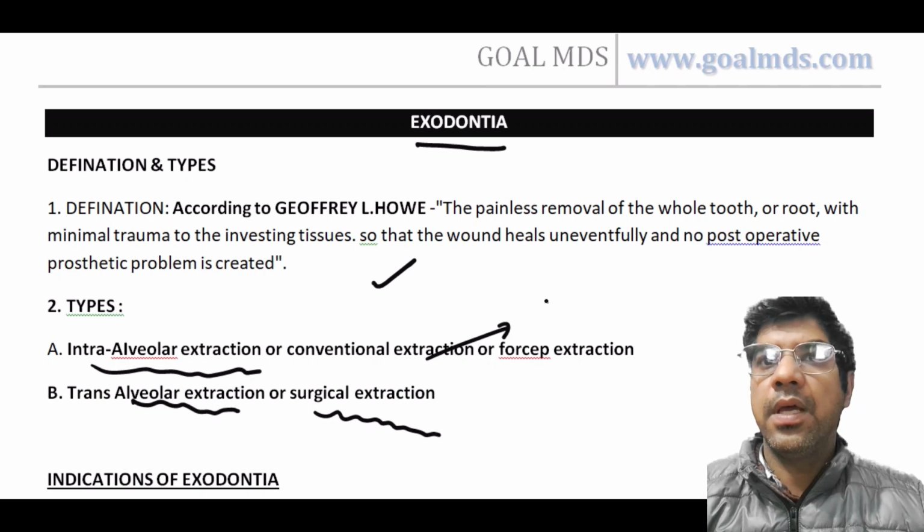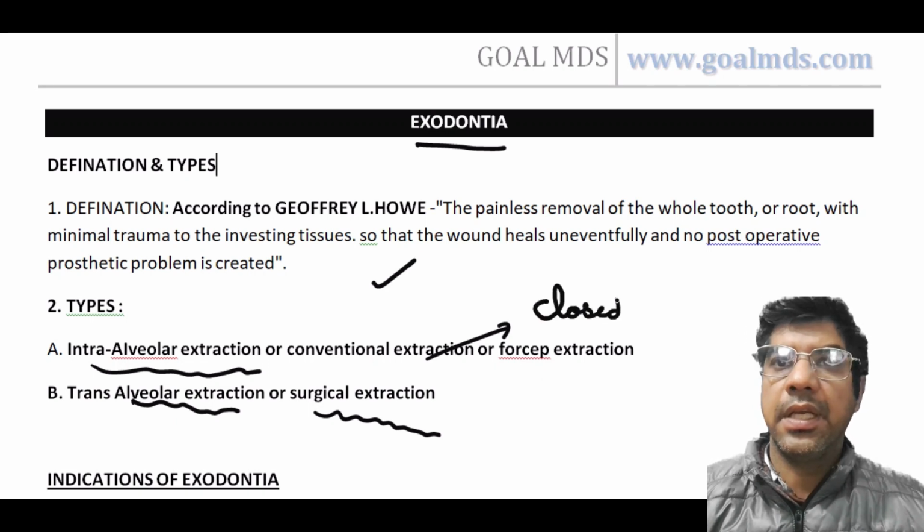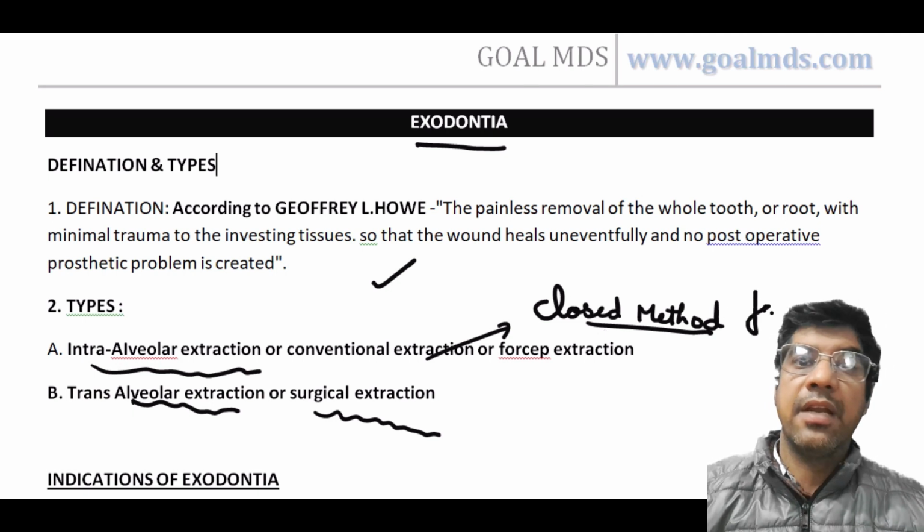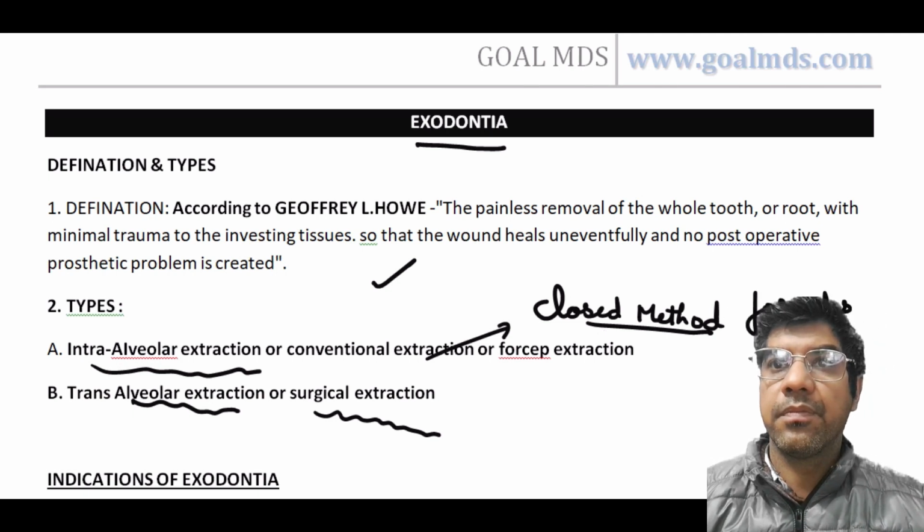The intraalveolar extraction is a closed method. So remember, it utilizes specially designed dental forceps or the elevators.